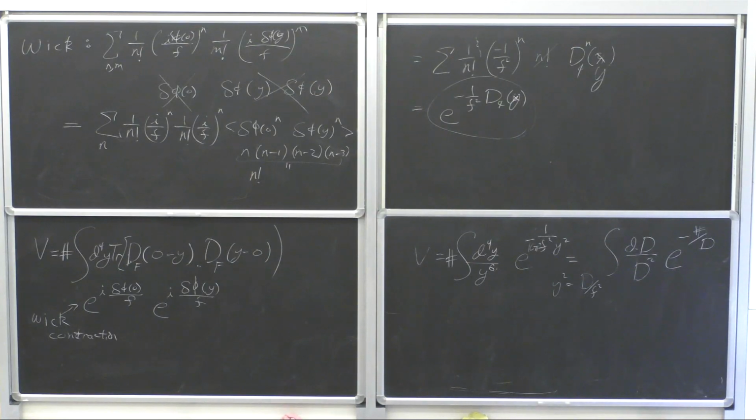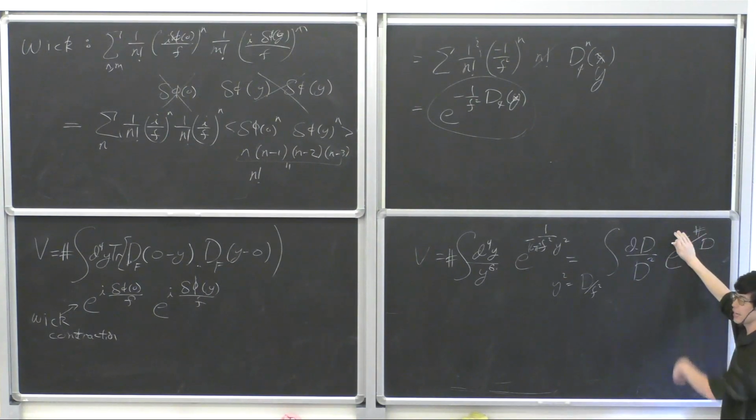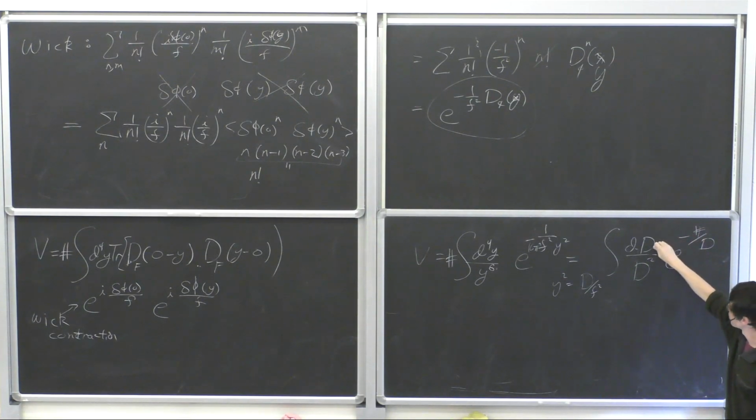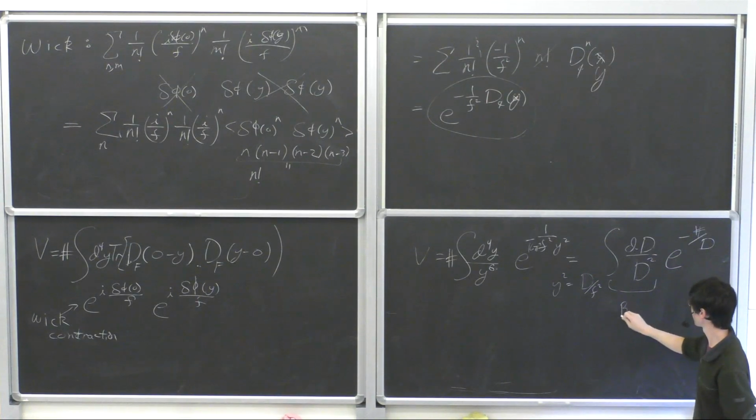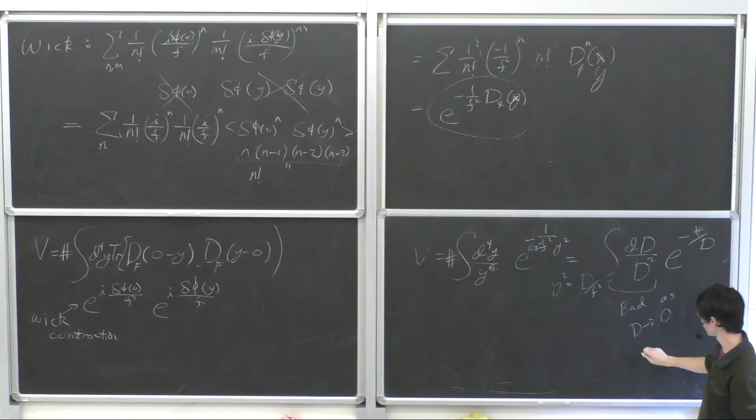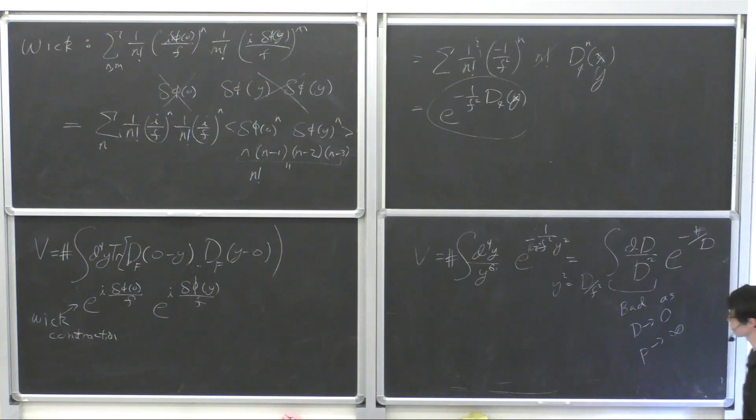So clearly, if you ignore the exponential, that's what you do normally. You just say, don't deal with all these diagrams. Ignore the exponential. This is an integral of 1 over D squared. That is divergent by itself, bad as your distance goes to 0 or momentum goes to infinity, right? Your UV cutoff. This is saying it has bad UV behavior. What happens when you put in this exponential?